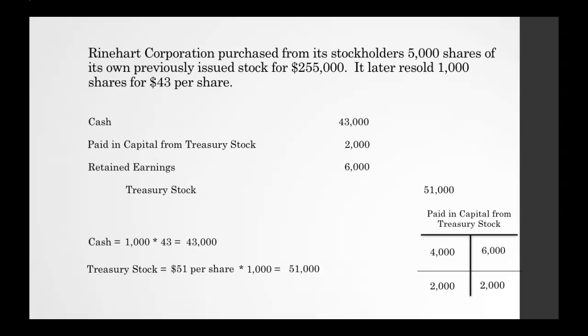Because we sold these treasury stock shares for so much less than what we initially paid for them, right? $8 per share difference. So because that big gap is there, and we didn't have enough in paid-in capital from treasury stock to cover that gap, then we had to take money out of our retained earnings.